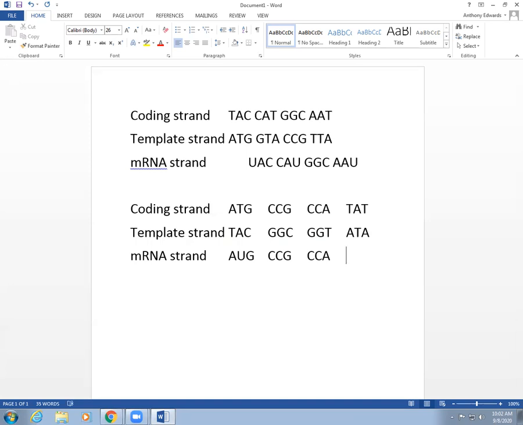Ashton. I can't hear you. Yes. Okay, so for A, what's the complementary base in RNA? A binds with, well, T in DNA, but what will it bind in RNA? U. All right, and for T will bind with A, and then A again will bind with U.